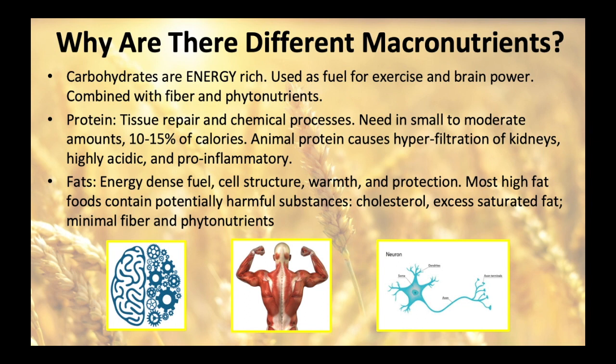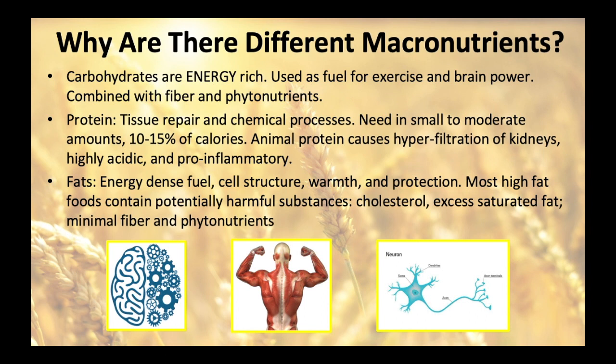Protein functions for tissue repair, and it's important in chemical processes. Because of their molecular structure, proteins can form very unique shapes that give them the ability to function in ways that carbohydrates and fats simply can't replace. Protein is essential for life. We only need about 10 to 15% of our calories minimum from protein.